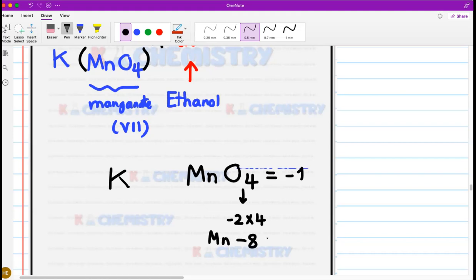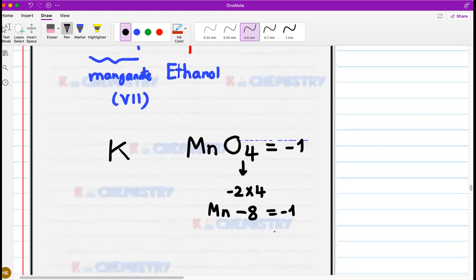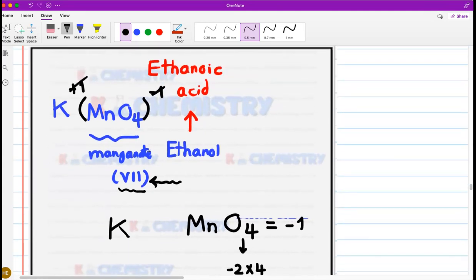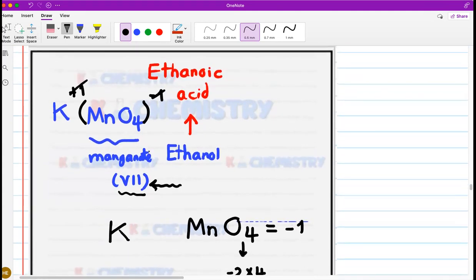Manganese, -1, but this will be 8 minus 1. So Mn is 7. This is the oxidation state of the manganese. Did you understand why it's called manganate 7? This is the oxidation state for the manganese.